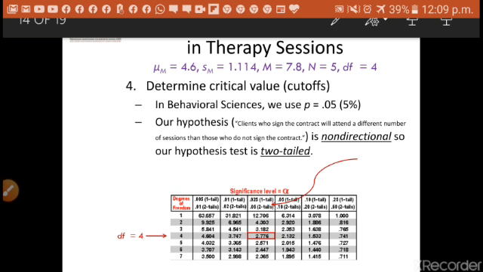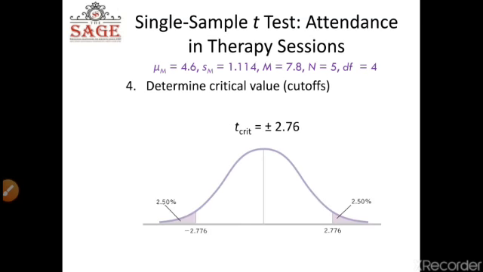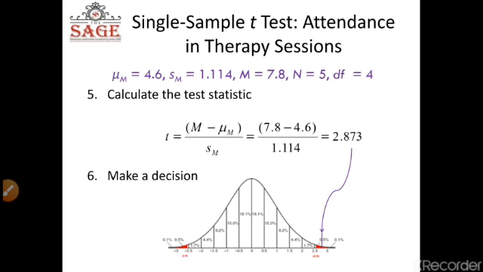This is the critical value, which is going to be common throughout the world. Now determine the critical value and the cutoffs. The actual critical value is coming to plus minus 2.776, and your test statistic is sample mean minus population mean divided by standard error.